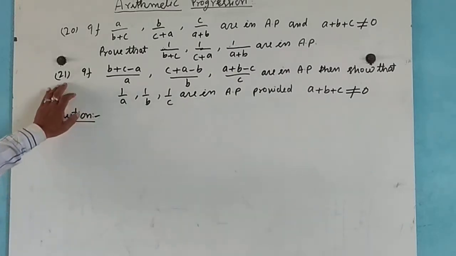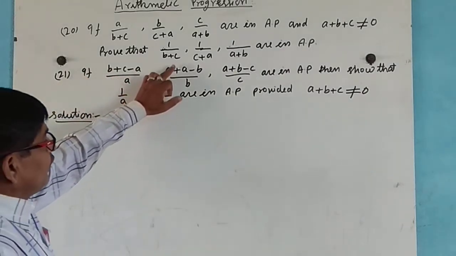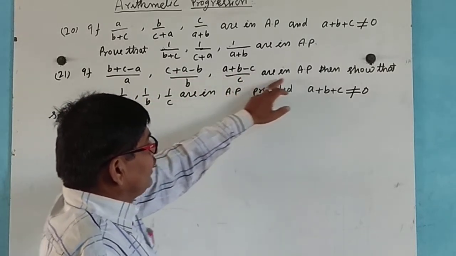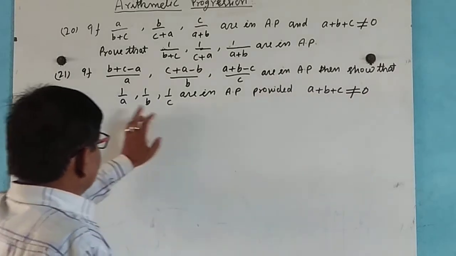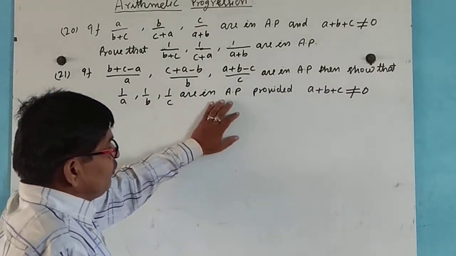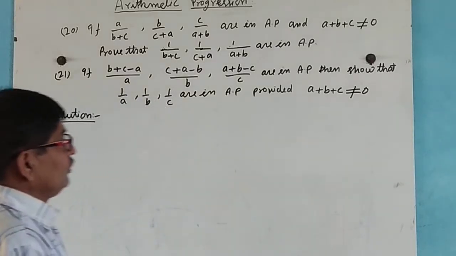And question number 21, if b plus c minus a by a, c plus a minus b by b, a plus b minus c by c are in AP, then show that 1 by a, 1 by b, 1 by c are in AP provided a plus b plus c does not equal 0.